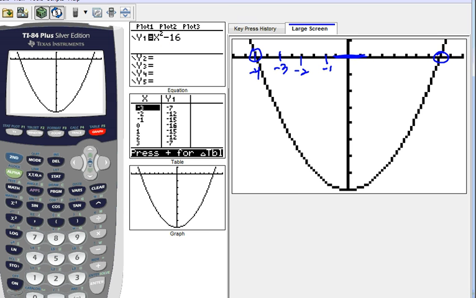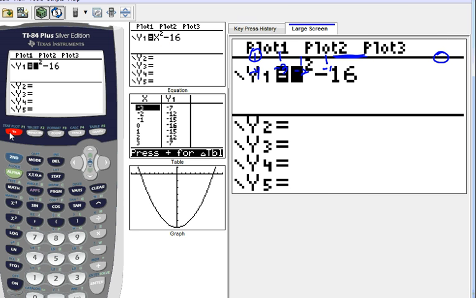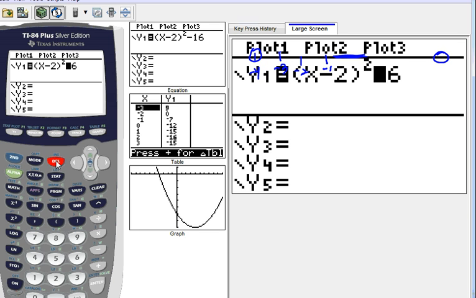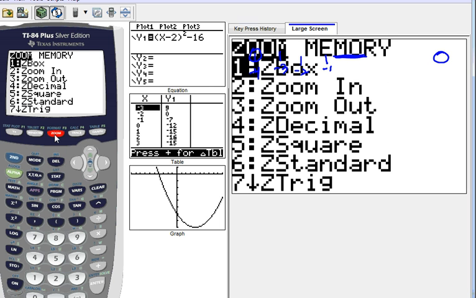Let's go ahead and graph that. So we're just graphing the function again, not equals 0. All right, I'm just going to try a standard window on this, see what happens.